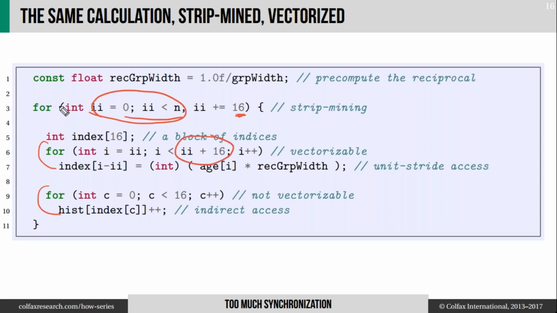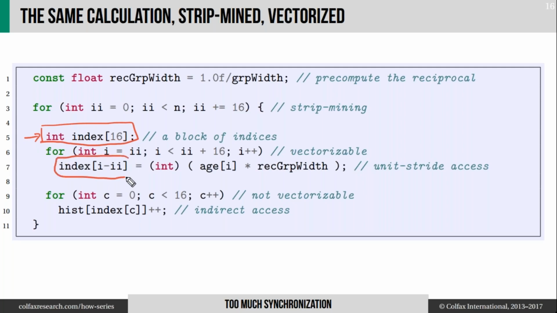This is done so that this array index is small. We need this array to compute indices in one loop, and then to use them in another loop. We want it to be short to minimize pressure on the memory subsystem. This is why we did strip mining.